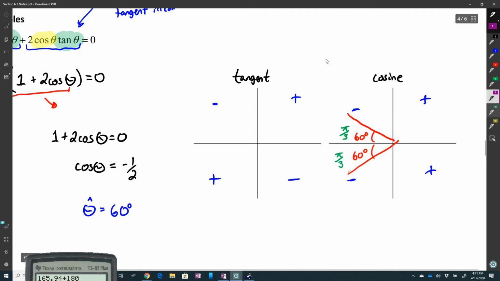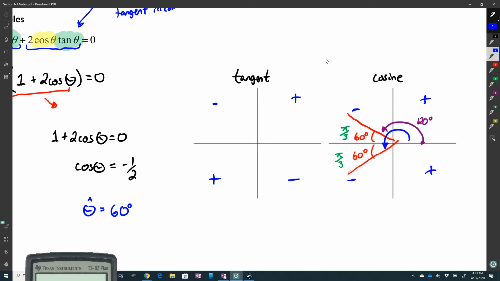So if that's 60 degrees, then my two angles are going to be starting here. This first one's going to be 120. And the longer one is going to be, what color should I use? I'll use the blue. And so that angle is 120 plus another 120.